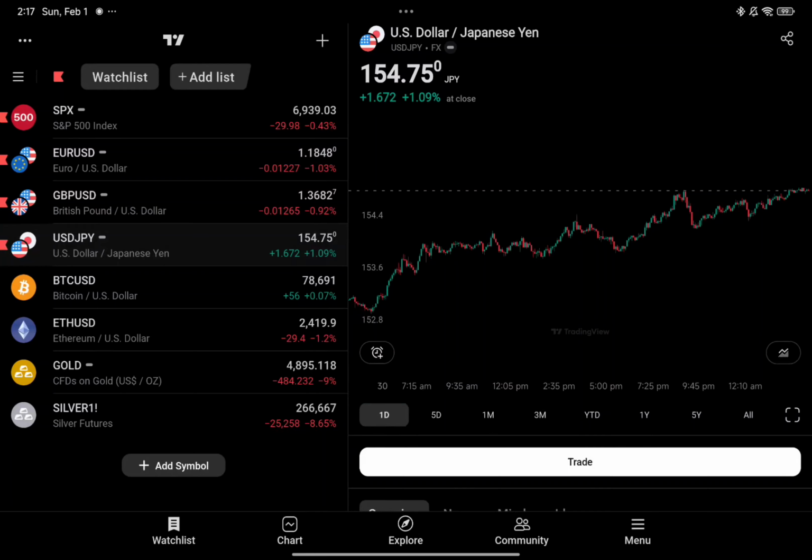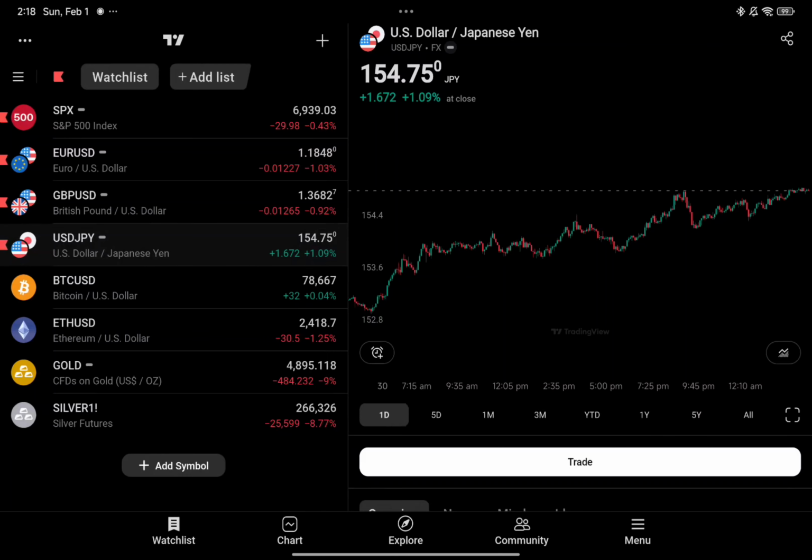So gold is one of the things I trade the most, and Euro USD is one of the things I trade the most. And sometimes the third priority is USD JPY. So these are the watch lists.